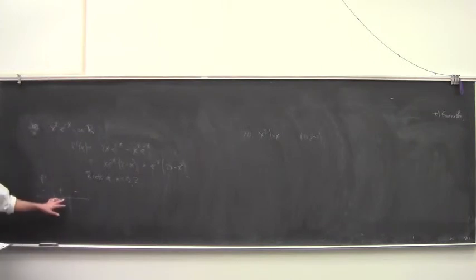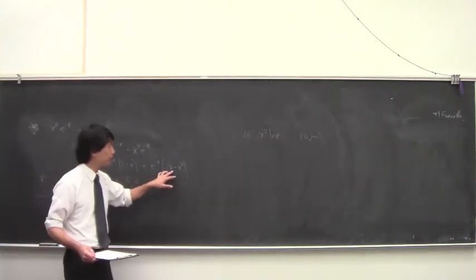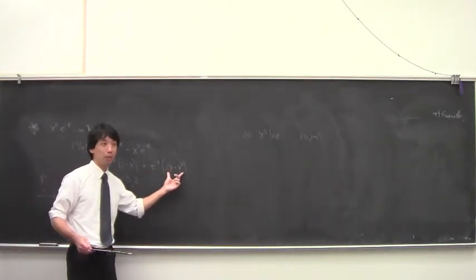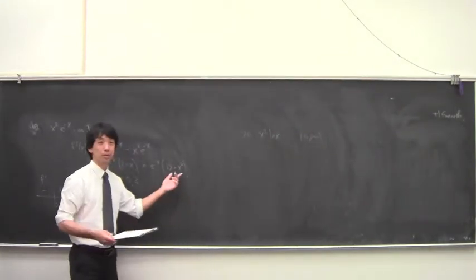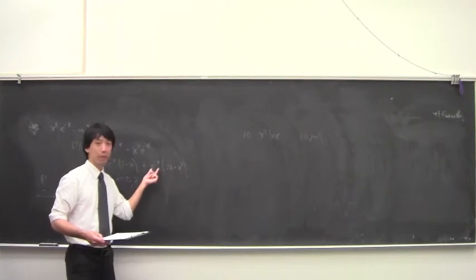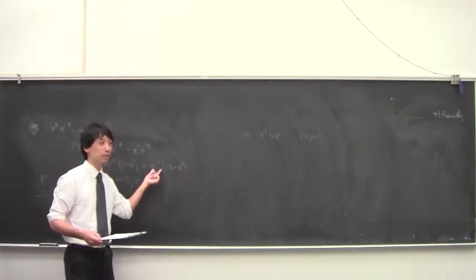Mm-hmm. Okay, so you could do it by evaluation, or you could do it by saying, well, look, this thing is a parabola again, right? This part is a parabola, so you know that it's going like this, right? And you're multiplying this parabola by e to the minus x. Is e to the minus x positive or negative?